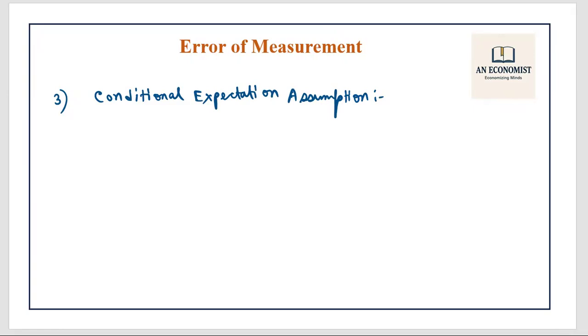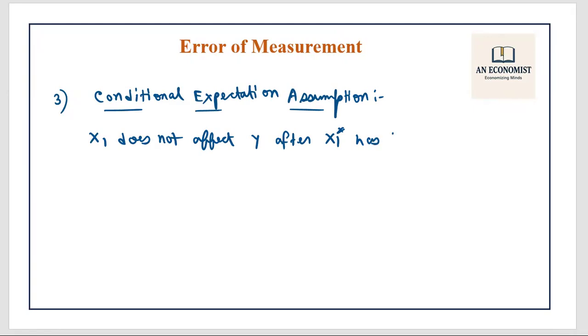Here what we will say is that the conditional expectation assumption means x1 does not affect y after x1 star has been controlled for.